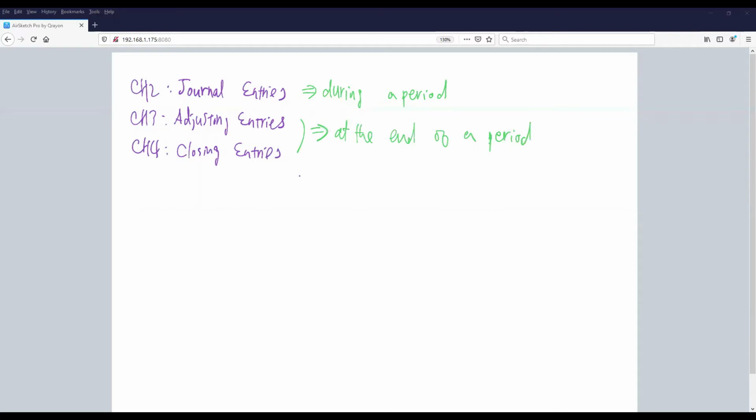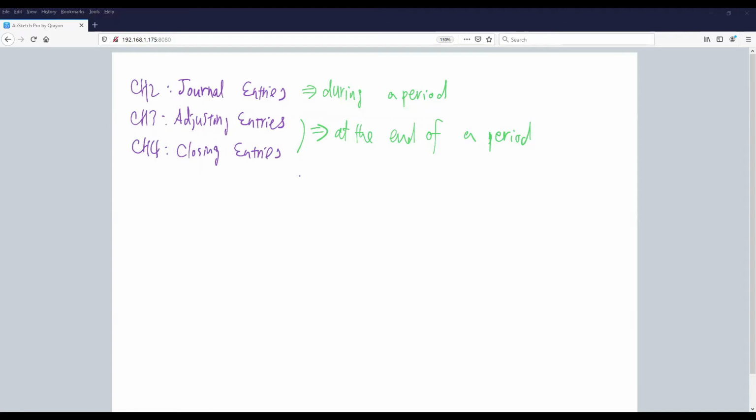For example, if you are talking about a year, the majority of firms use December 31st as their fiscal year end. In such a case, adjusting entries and closing entries are prepared at the end of December 31st of a year.